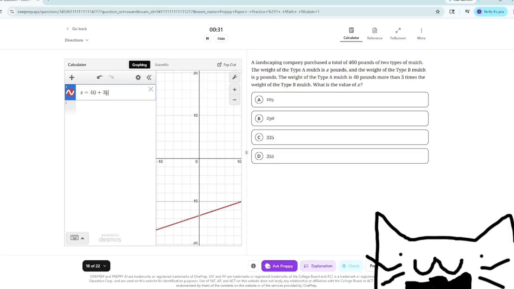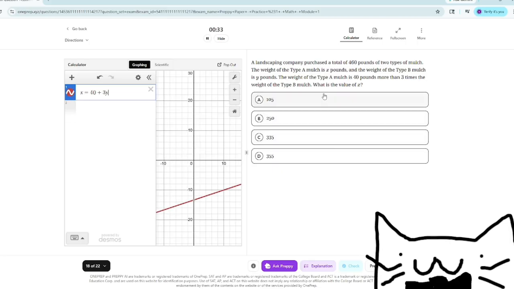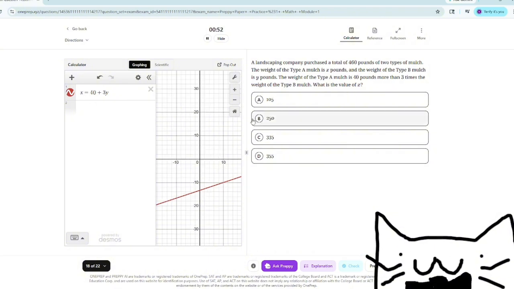Type A mulch is x. We want to find the weight of type A mulch, and it's giving us the relationship. So type A is 40 pounds more, so adding, then 3 times the weight of type B mulch. Type B mulch is y. So x equals 40 plus 3y.